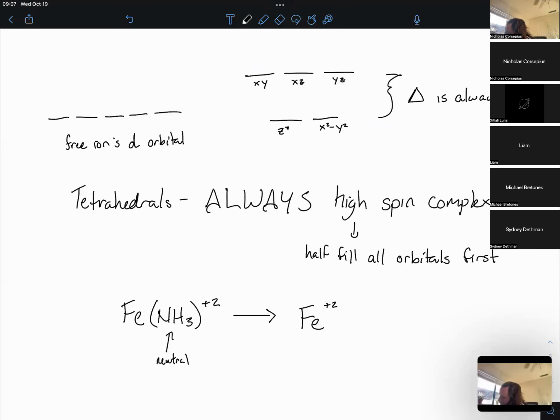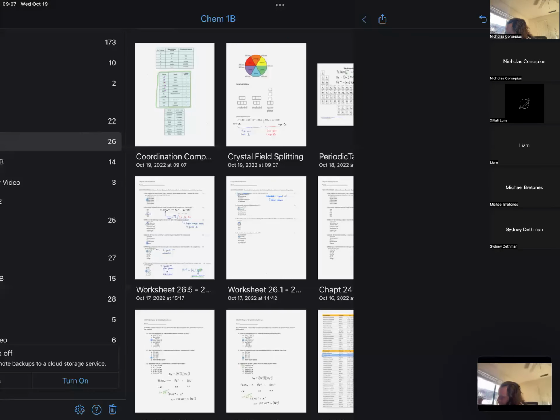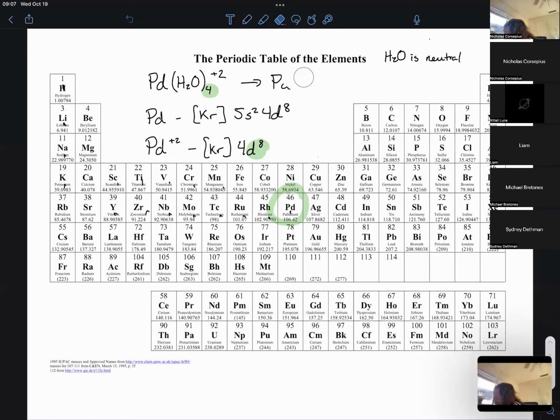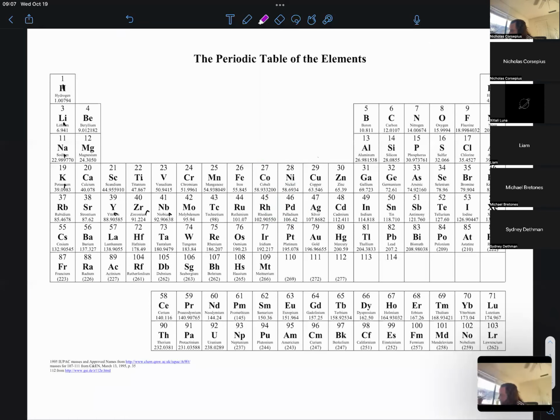Going to my periodic table to figure out the electron configuration of this iron ion.